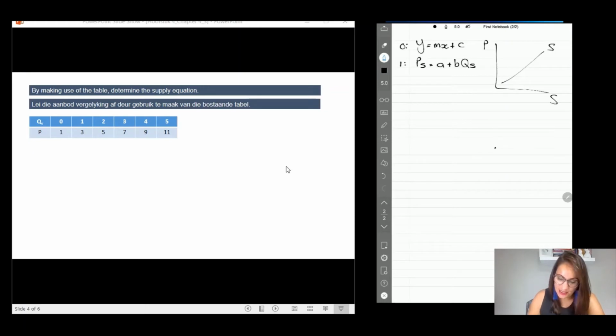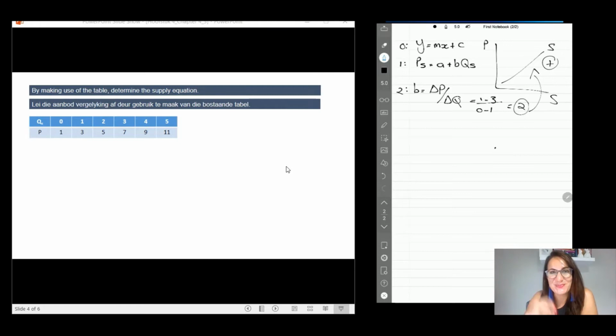My mistake earlier. Right. So your second step is determine your slope. B equals the change in your prices divided by the change in quantity. So you can take any one. Let's take 1 minus 3 with price divided by 0 minus 1, and you get your slope as 2. It's positive, which is correct because your slope for your supply curve has a positive value.